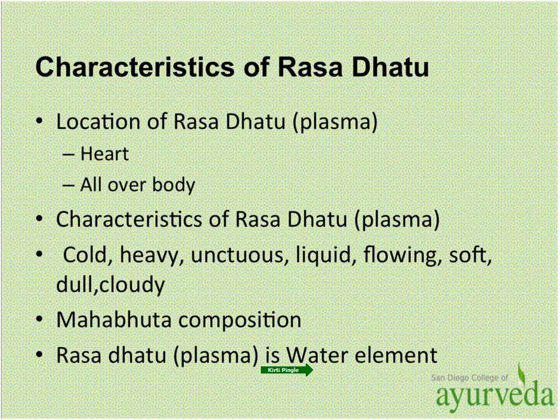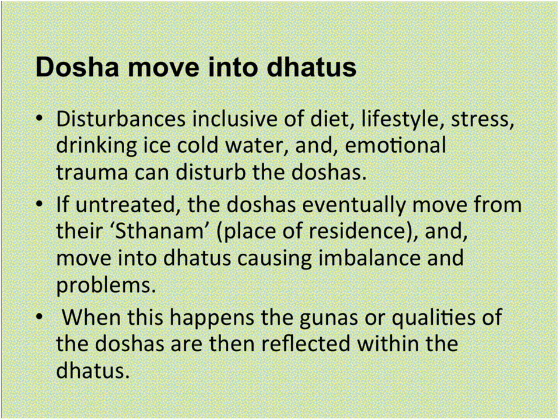Menstrual fluid and breast milk. So these are the two upadhatus of Rasa Dhatu, and the health of these two depends on the health of Rasa Dhatu. So any disturbances in the Rasa Dhatu will reflect on the menstrual fluid and breast milk. That's why Rasa Dhatu is important.